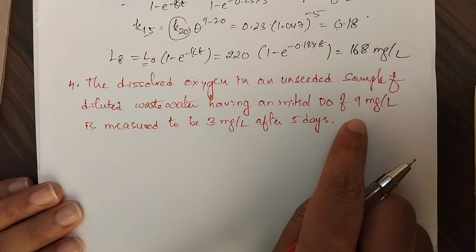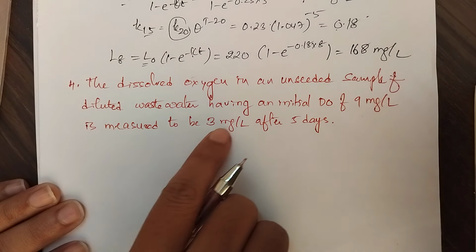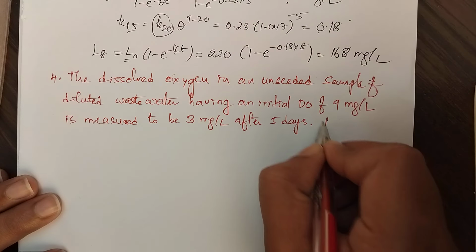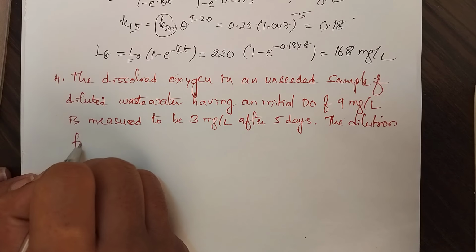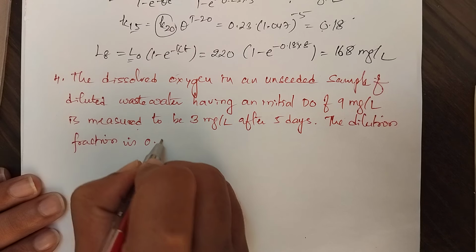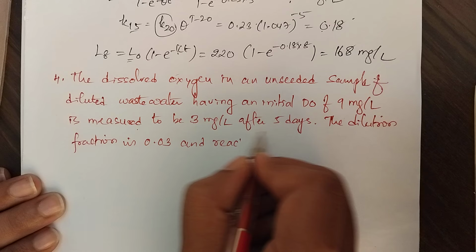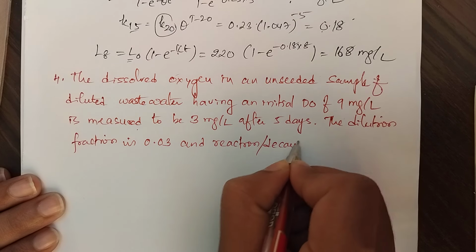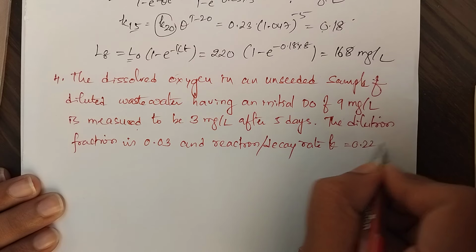So initially the water sample dissolved oxygen is 9 milligram per liter. After 5 days it becomes 3 milligram per liter. The dilution fraction is 0.03 and the reaction, or you can say decay rate K, is 0.22 day inverse.